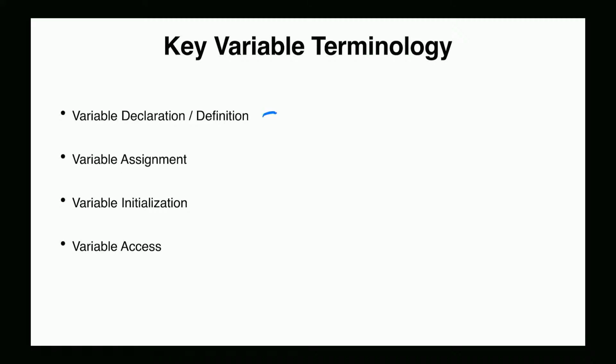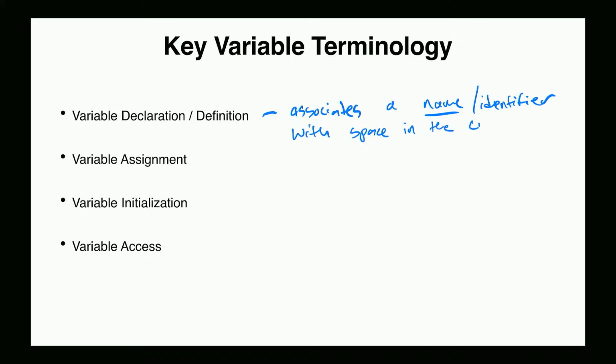Variable declaration associates a name, which is an identifier, with space in the current frame context, and a data type.